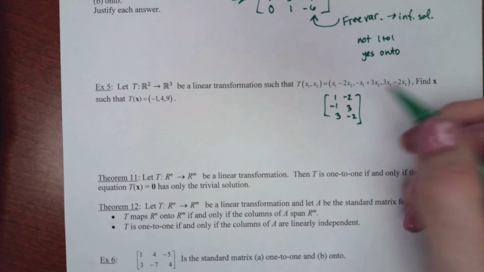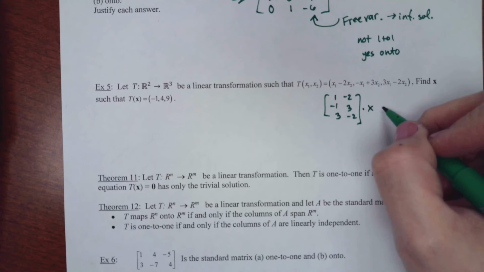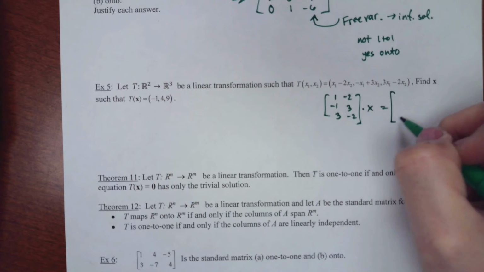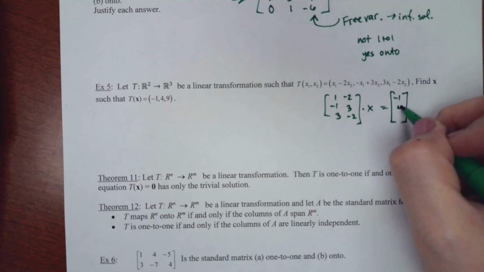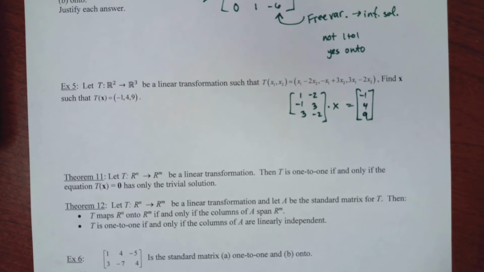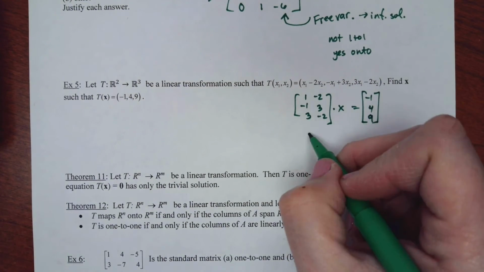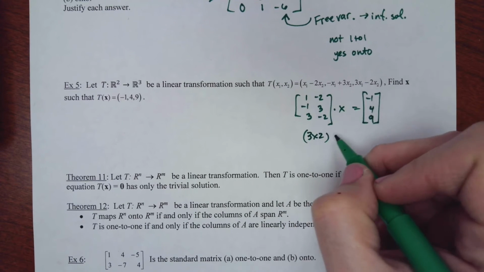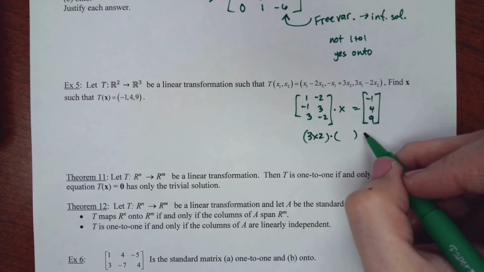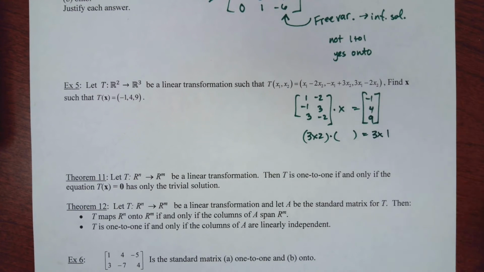And I want to find an x such that when I transform x, it becomes -1, 4, 9. So let's practice a little bit of figuring out the sizes. This is a 3 by 2. I want to multiply it by something and get a 3 by 1.